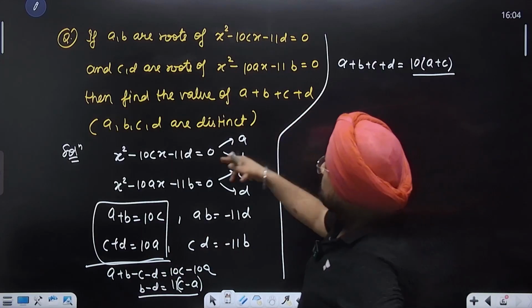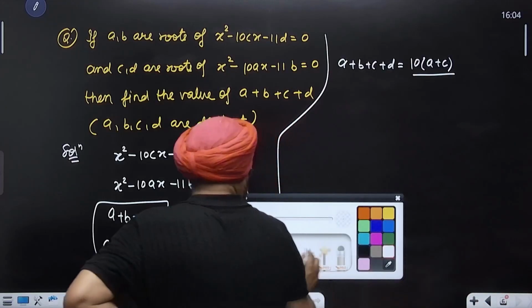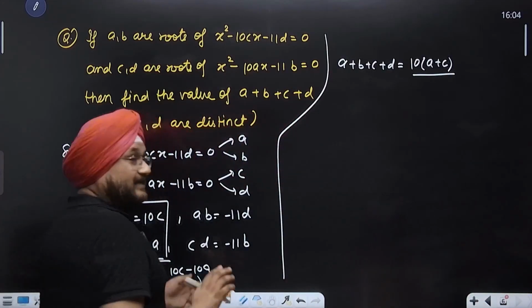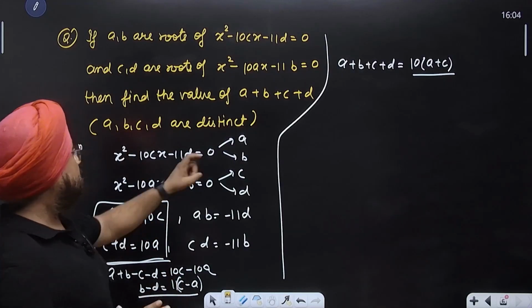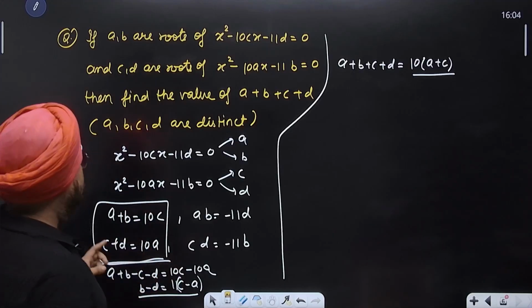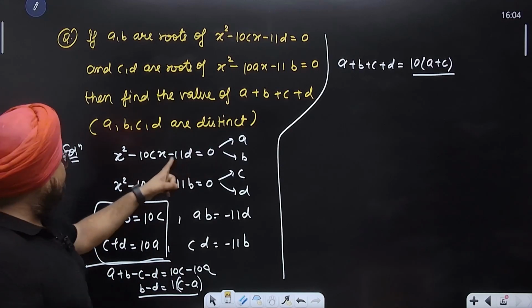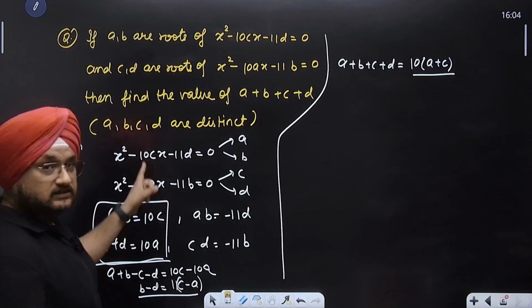See, now a and b are roots of this, c and d are roots of this. So I can get an expression if I put the roots in the equation. If a is the root of this equation, this expression will be 0 by putting the value of a. If I put a in the first and c in the second, then we get 10ac in both.